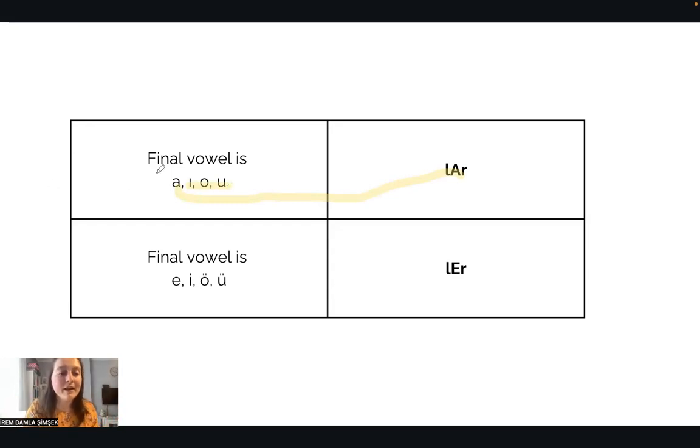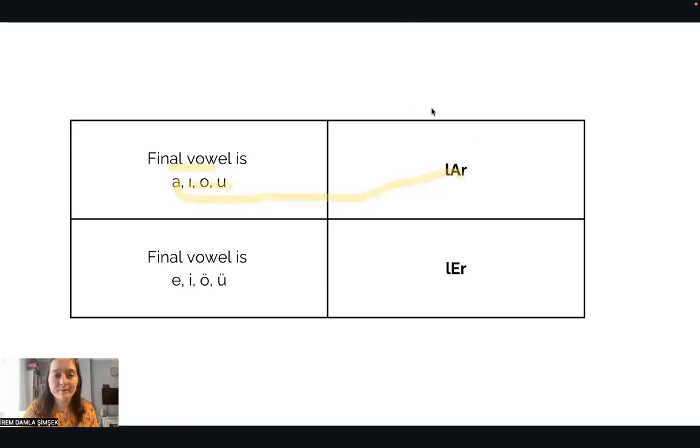So remember, if the final vowel is a, you continue with lar, like a. They follow each other. It's parallel. And if you have the sounds without dots, you also follow with lar.